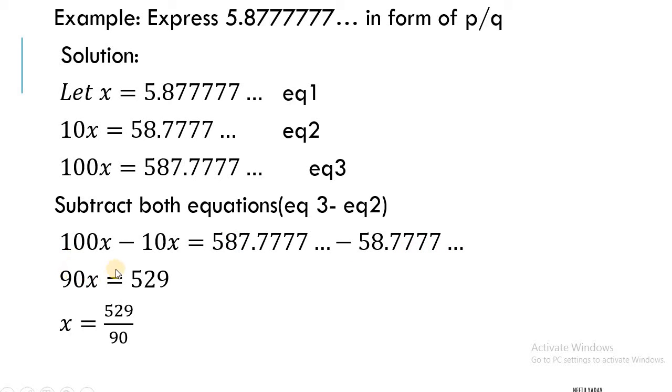Now 100x minus 10x gives you 90x, and 587 minus 58 gives us 529. So x is equal to 529 by 90. Now check for any common term in these two. If there is, you can cancel that common term. If there is no common term present, then you can leave x as it is.